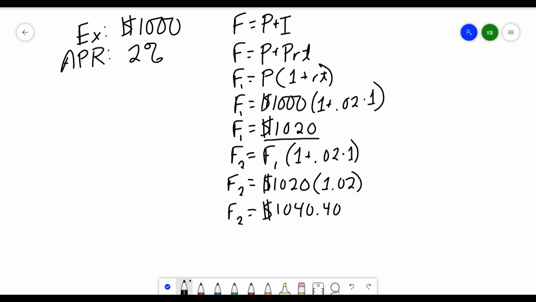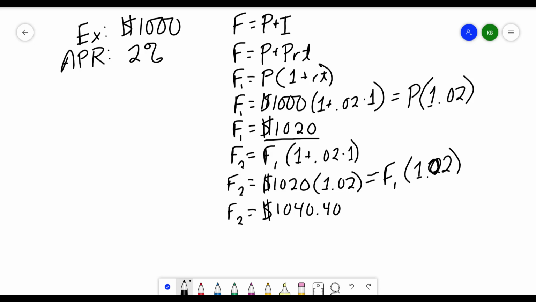And interestingly, if I look at what my F1 value was, my future value after 1 year, it was my principal, my $1,000 times 1.02, right? My future value 2 ended up being my future value 1 times 1.02.